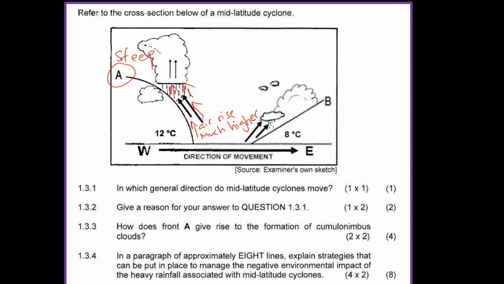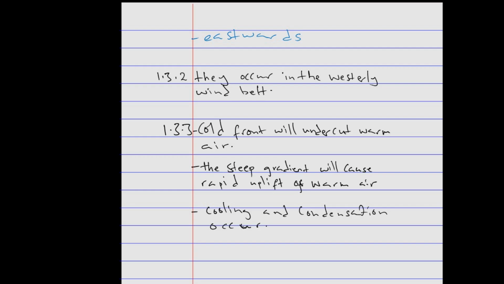As the air rises high, it cools and condenses, thereby forming the cumulonimbus clouds. So the answers are: the cold front will undercut warm air. Steep gradient causes rapid uplift of warm air. Cooling and condensation occur. 2 marks for each point.